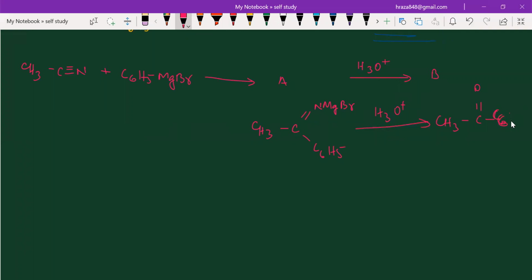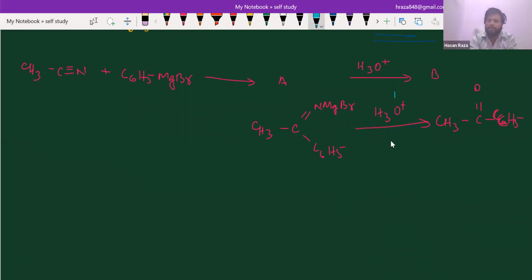So can you explain this hydrolysis thing once again? See, when you are going to do hydrolysis, there will be two parts, H plus and OH minus. So basically this bond will be broken and the oxygen that is present here will attach to this carbon.